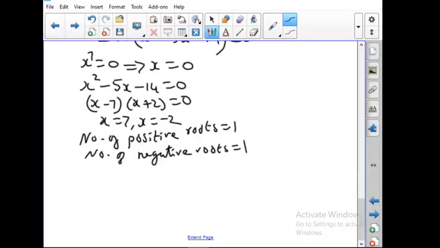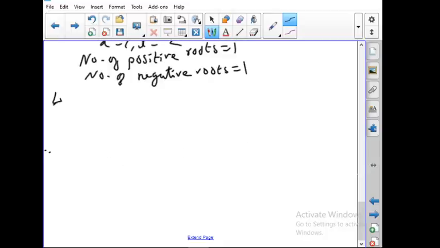Now coming to the next question. Find the exact number of real zeros and imaginary zeros of the polynomial x power 9 plus 9x power 7 plus 7x power 5 plus 5x cube plus 3x.